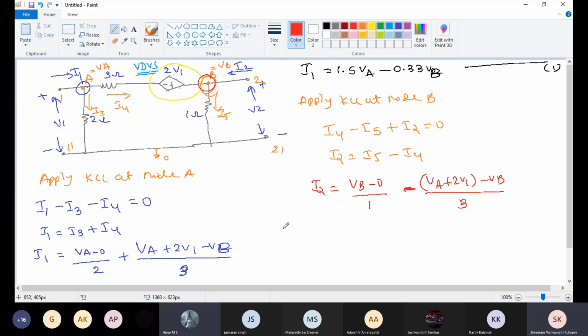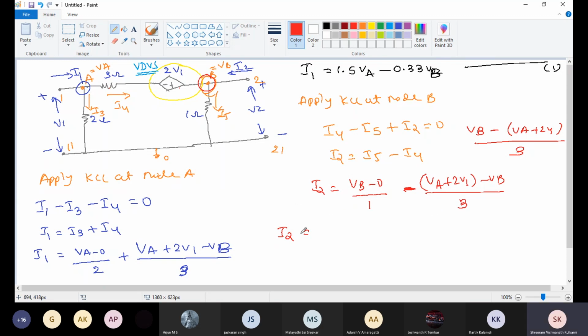After simplifying, we can directly take it from node B, like VB minus of VA plus 2V1. That is also fine. Okay.